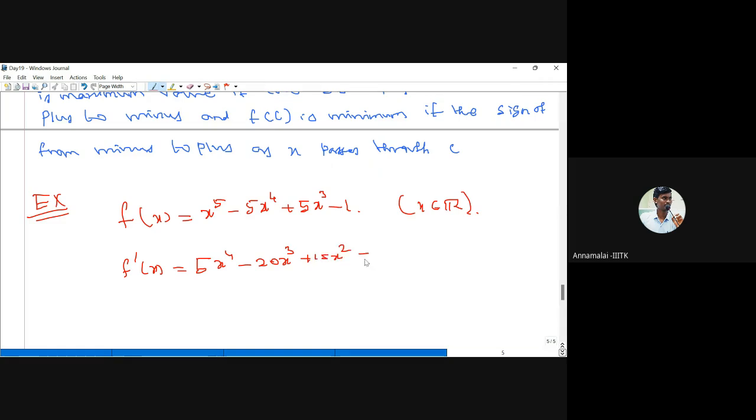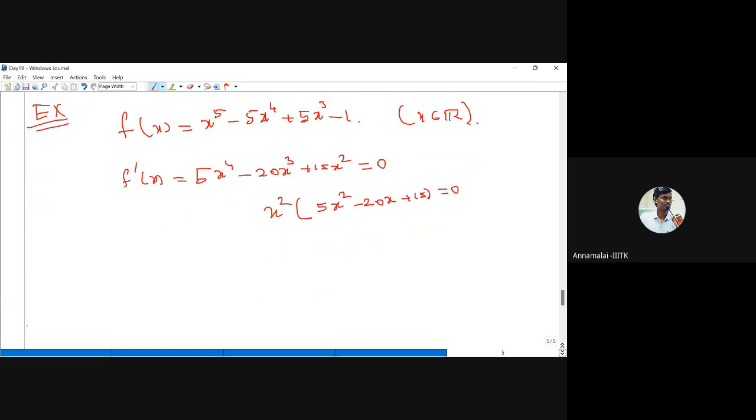Then you have to take this equal to 0 and solve it. So you can take x square outside from all the terms. So x square into 5x square minus 20x plus 15 equal to 0. Therefore x equal to 0 is one of the roots, because x square is a factor.